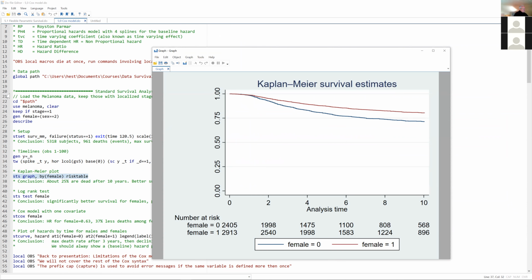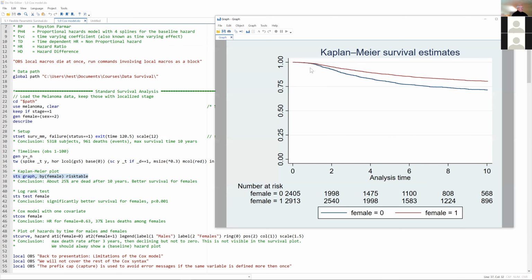And this is the Kaplan-Meier survival plot. We see everyone is alive at the beginning, a survival of 1. Then people are dying along the way, and at the end of follow-up, at 10 years, roughly 75% of the people have survived, with better survival among the red, which are the females, than among the males.